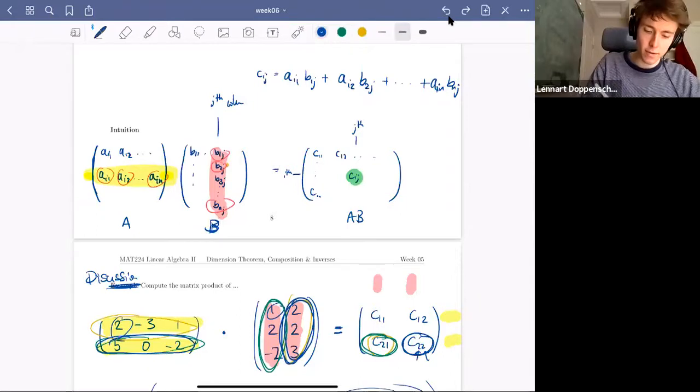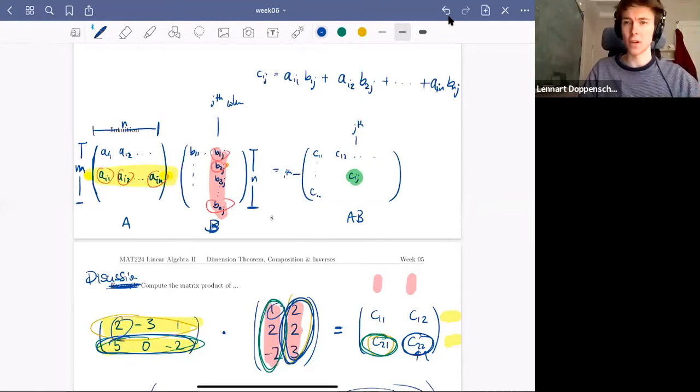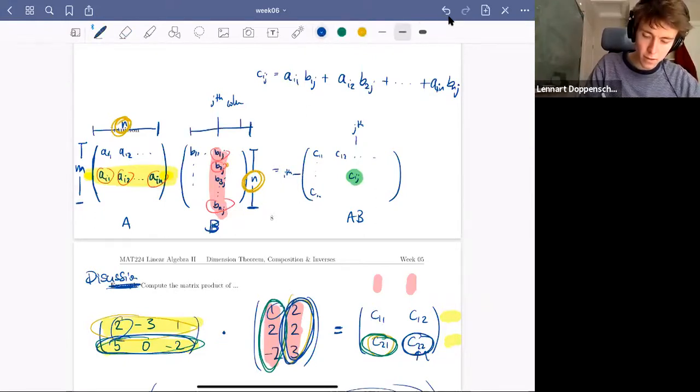And here, this is the size m, that's the number of rows, and the number of columns here is n. And n is exactly the same as the number of rows, the length of each column in B. So these have to match. And then the result will be an m cross p matrix.